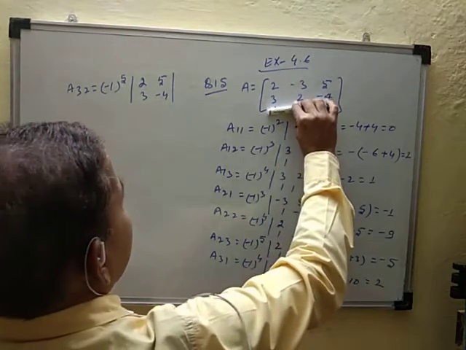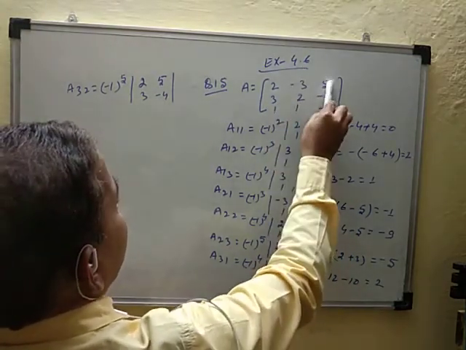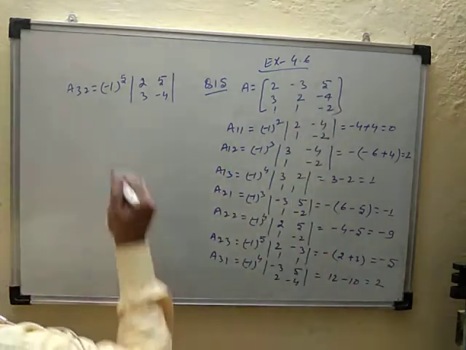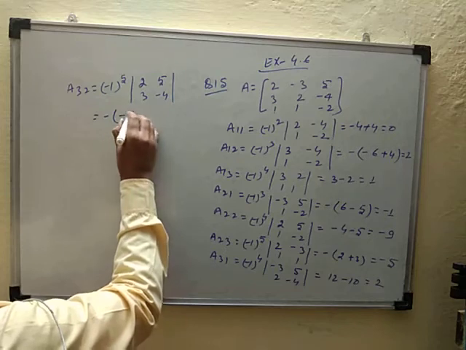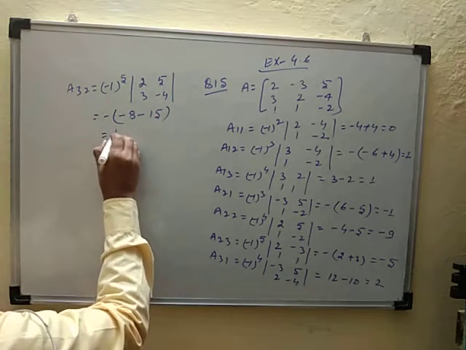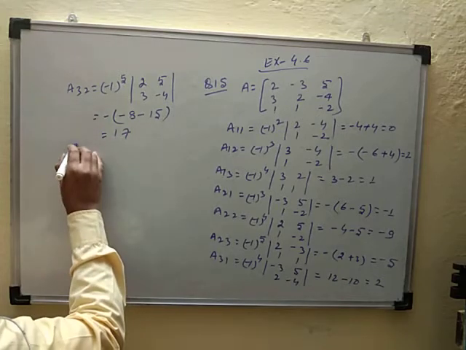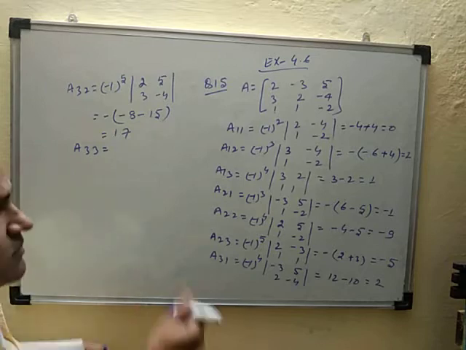Third row delete and second column. So 2, 5 and 3, -4. This becomes minus. So multiply it, -8 and -15. So -17 becomes +17. Now write A33.